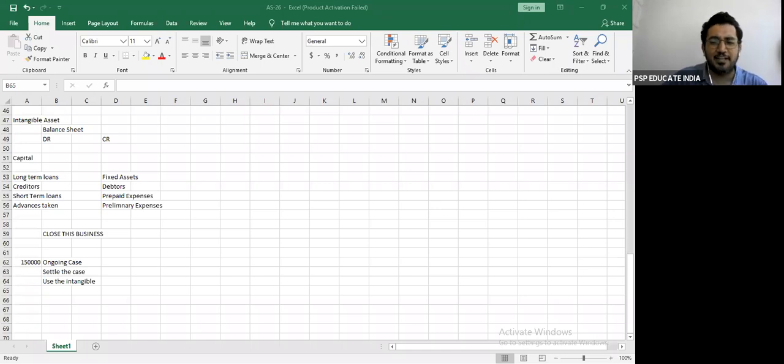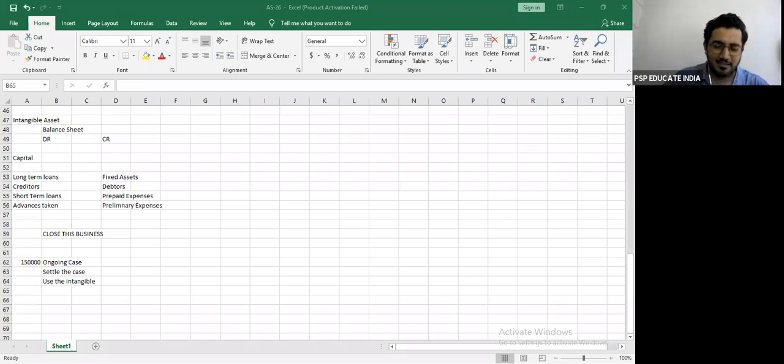Everyone think and tell me on your chat box, are you doing it to maintain the right to use or to obtain the right to use? To obtain the right to use means to get the right to use. Now because you are going to avail, because you are going to get the right to use by this expenditure, it is a capital expenditure to be capitalized.